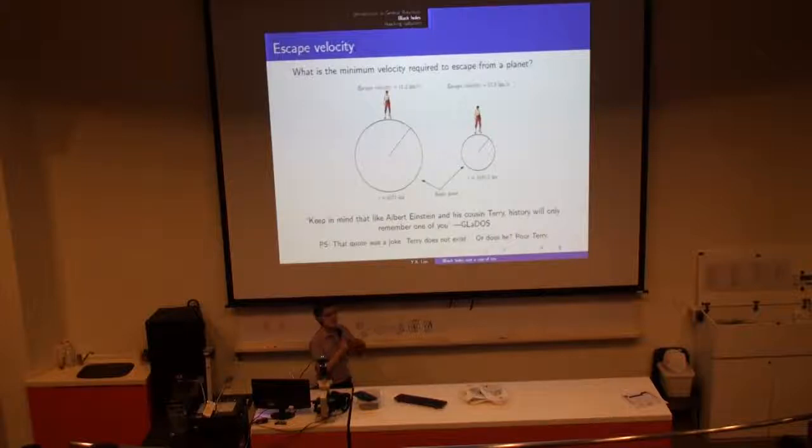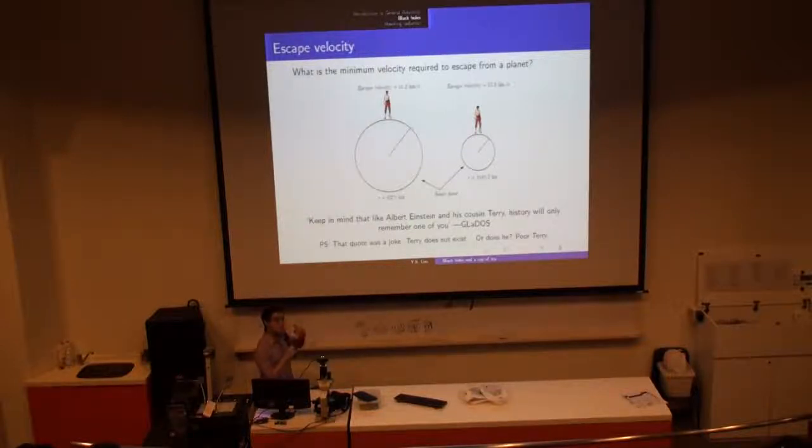According to physics, in order to escape the gravitational attraction of the Earth, you need to launch yourself with a sufficiently high speed. Okay? So that is what we call the escape velocity, and that's kind of how rockets work. But actually for most rockets, the satellites that they launch do not completely escape from the Earth, but the idea is there.